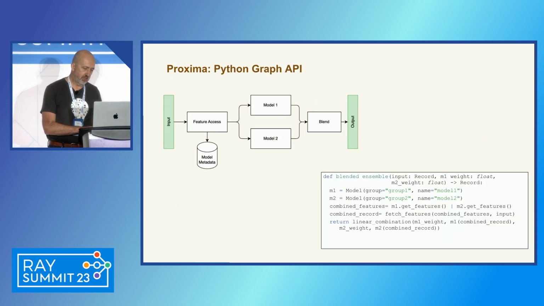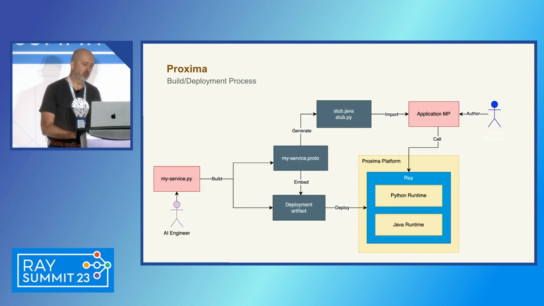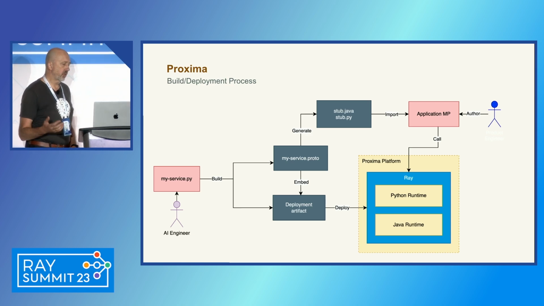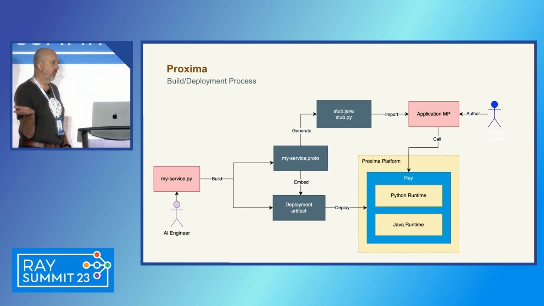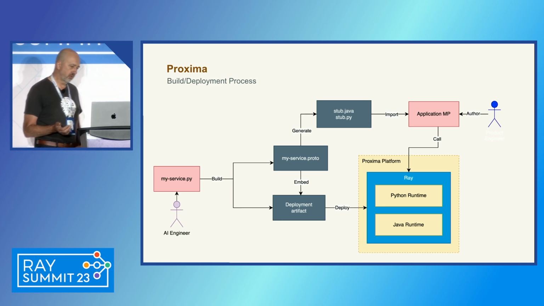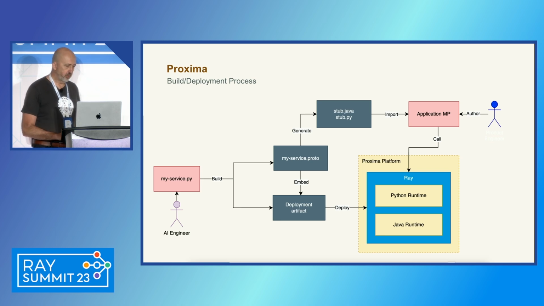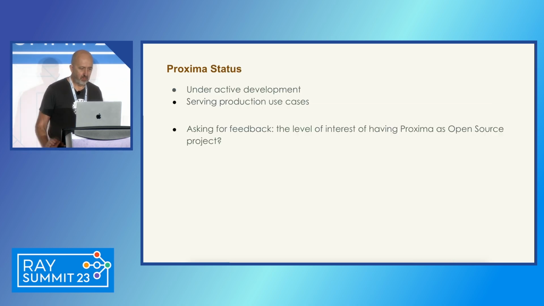If it is this function definition, this function signature that takes these two inputs, there will be an equivalent proto definition for that signature, and then we go through the normal gRPC process of compiling this into stubs in any chosen language, and application engineers can call our service using those stubs. So that's how this system works.